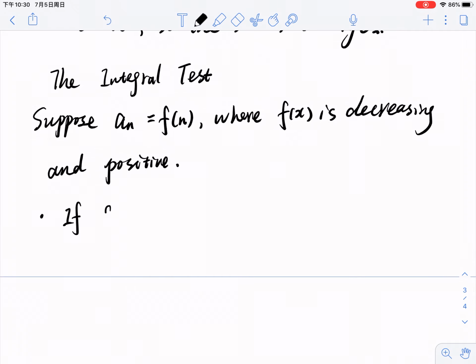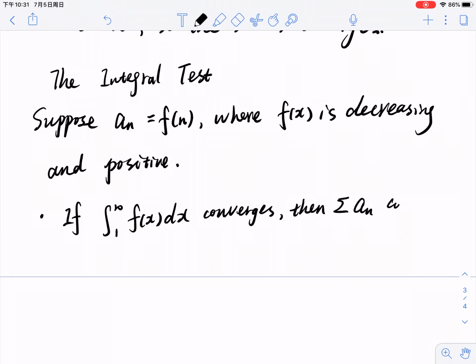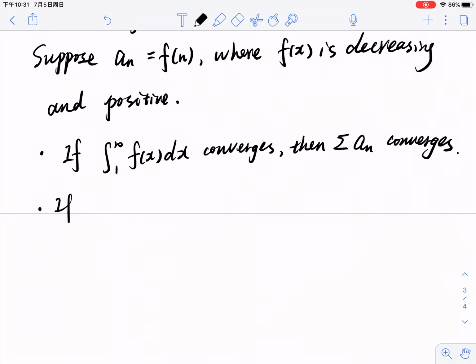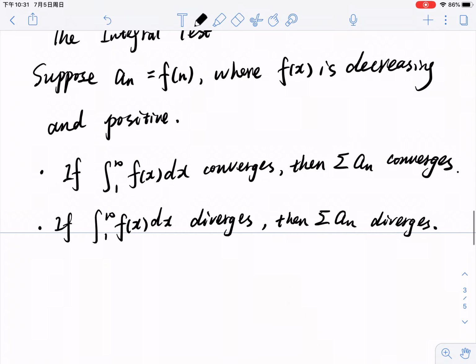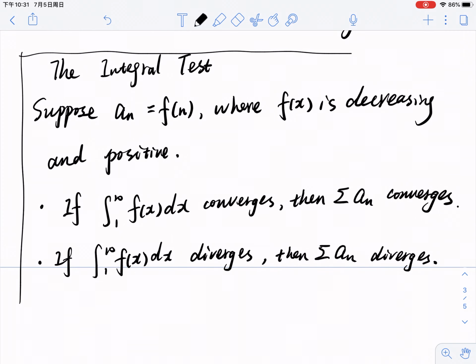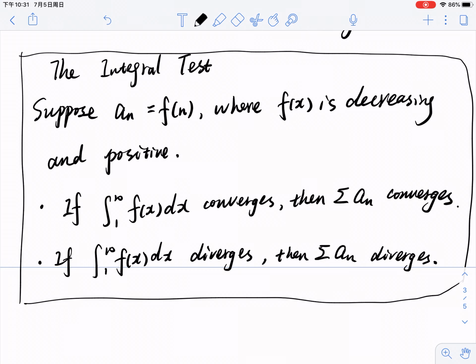If the infinite integral of f(x) from 1 to infinity converges, then the series converges. If the infinite integral diverges, then the series diverges. This is called the integral test, and it is very useful.